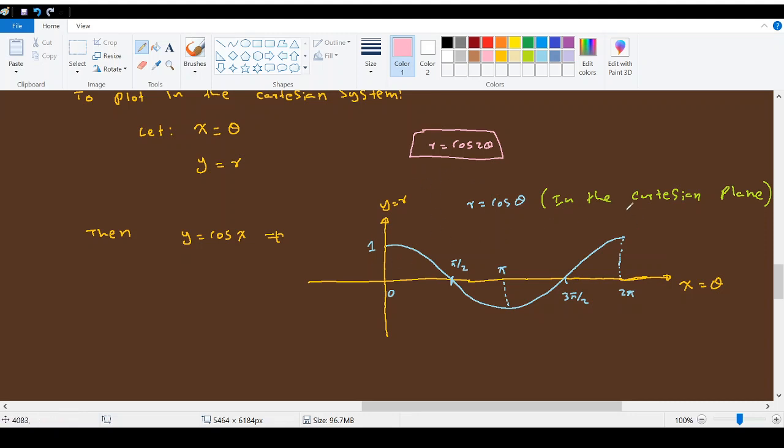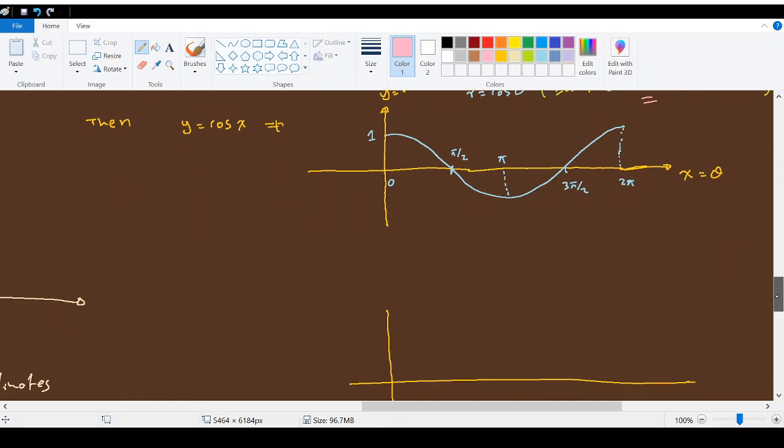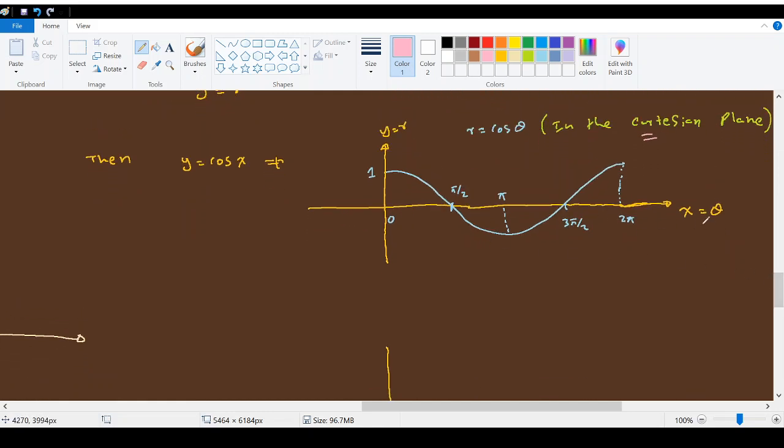And keep in mind that this is a Cartesian plane, not the polar coordinate system. Now we need to find the graph of r equals cosine 2 theta by looking at this one. This is a very standard curve that you have to have in mind, the graph of cosine theta as well as the graph of sine theta.